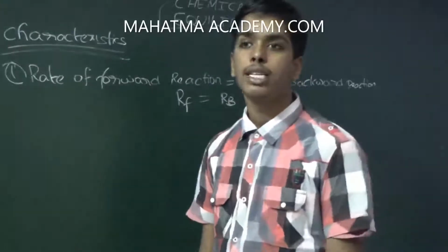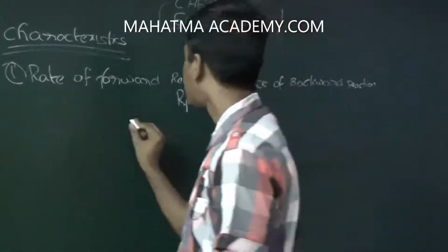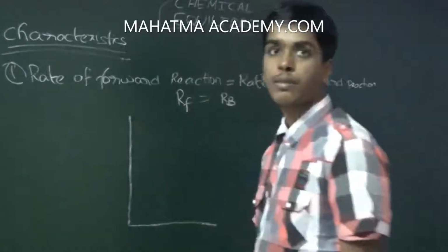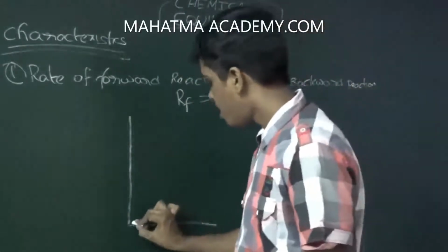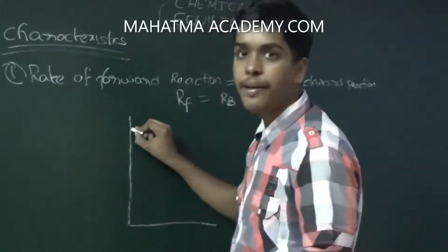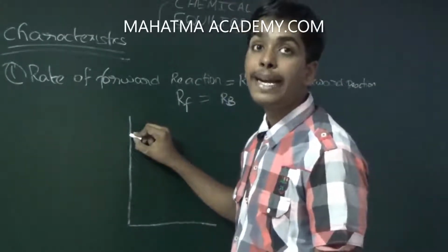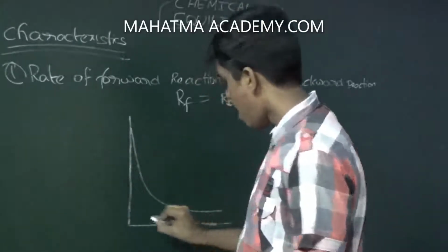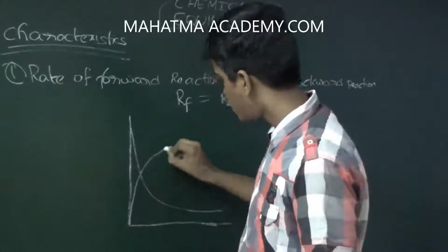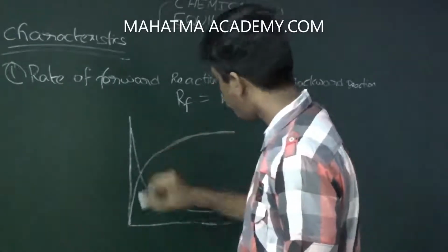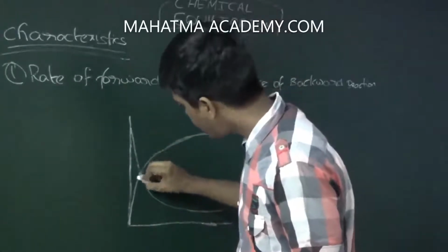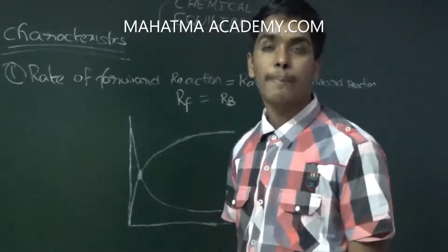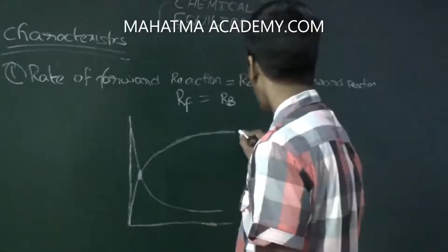Now, if we express this in graphs, first we will draw a graph for reactants, and for products. It is the equilibrium state at which the rate of forward and rate of backward reaction become the same.